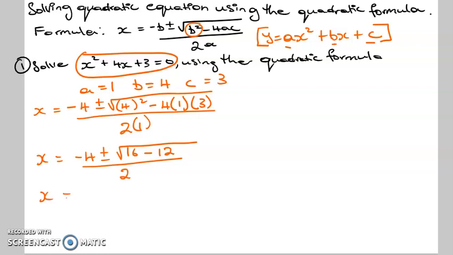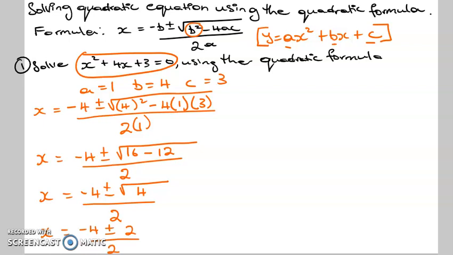So x is equal to negative 4 plus or minus the square root of 16 take away 12, we're left with 4, over 2. x is equal to negative 4 plus or minus the square root of 4, which is 2, over 2.